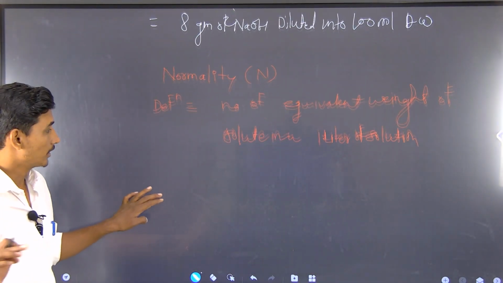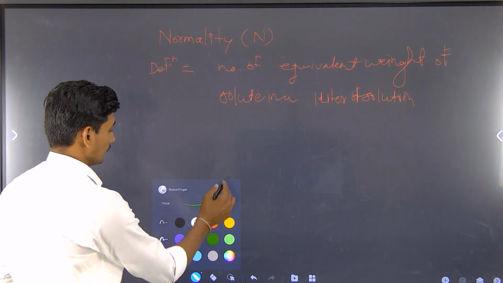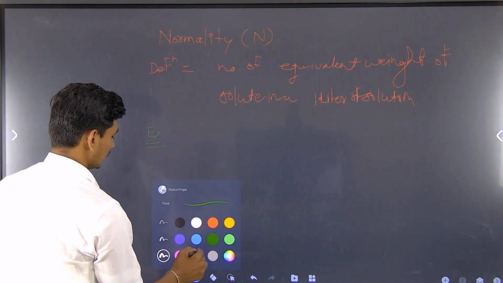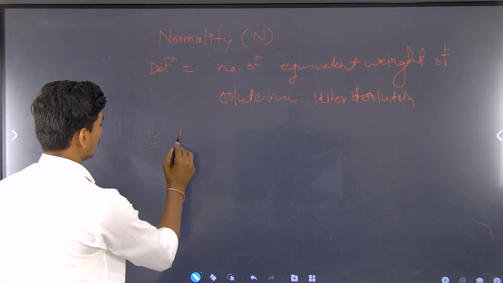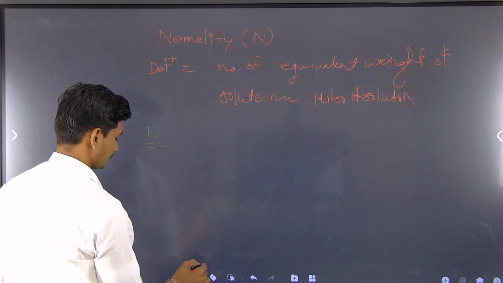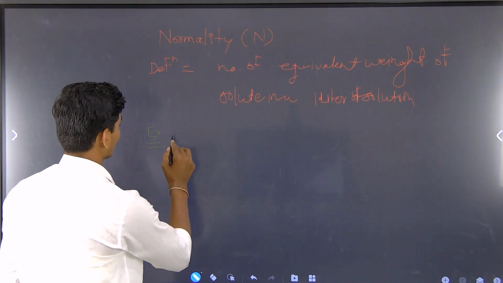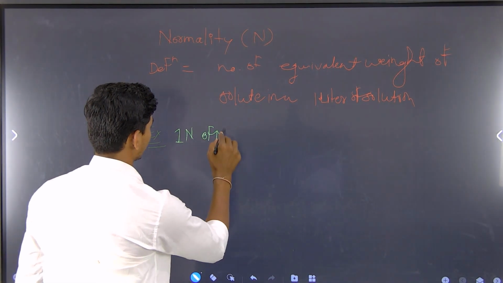So here we take one example of normality. For example, we are required to prepare a one normal NaOH solution.